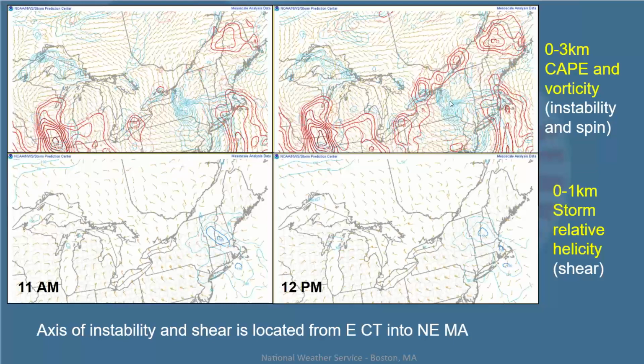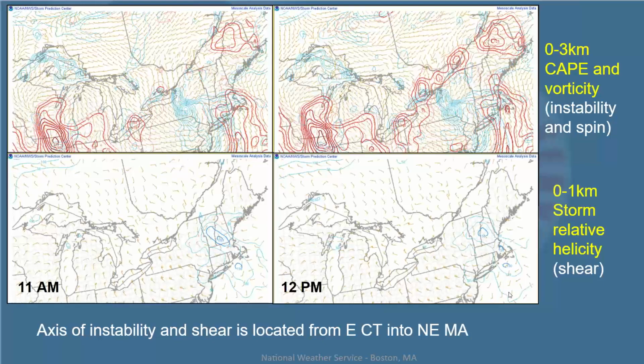And in the bottom panels, you can see the 0 to 1 kilometer storm relative helicity. Notice that where you see the darker blue lines, that's about 100 units of SRH.